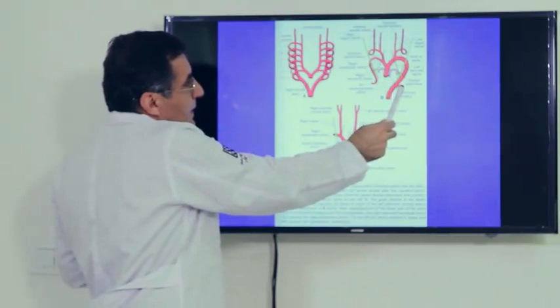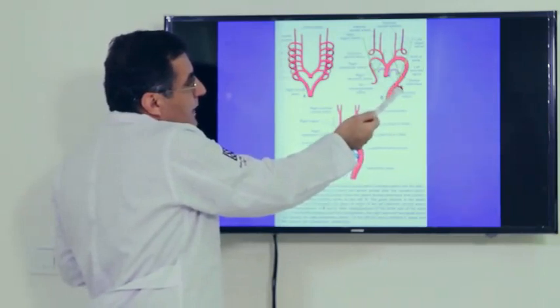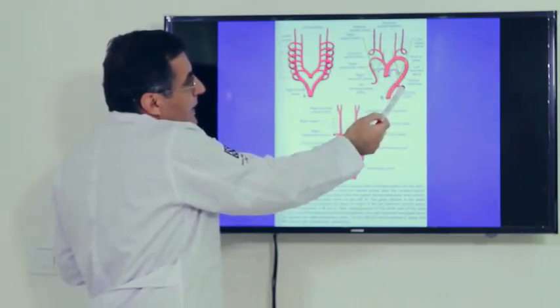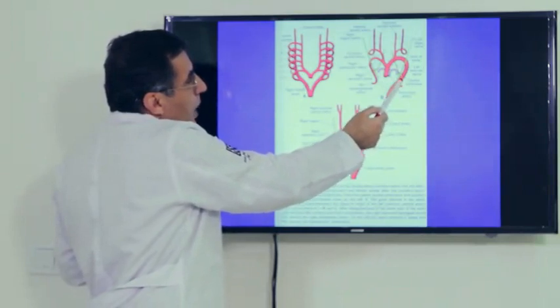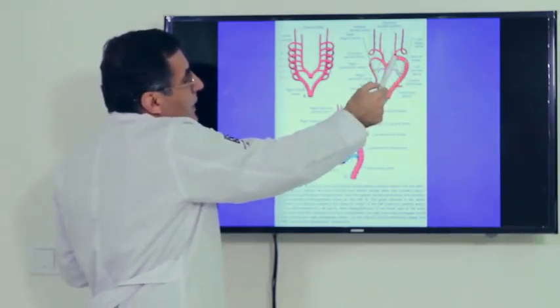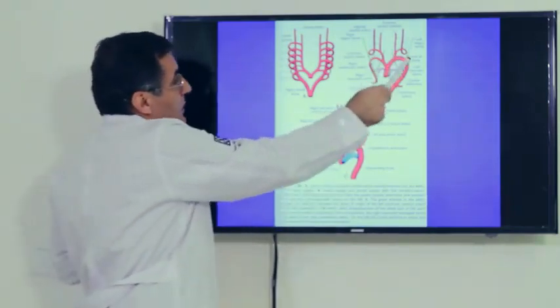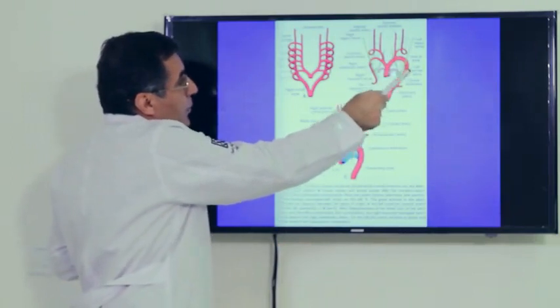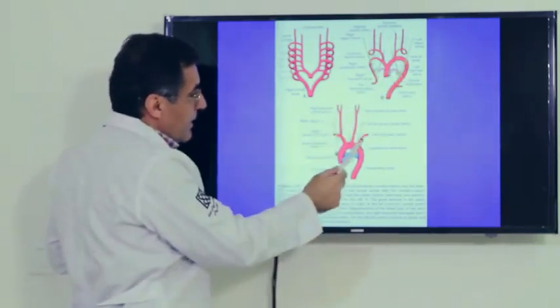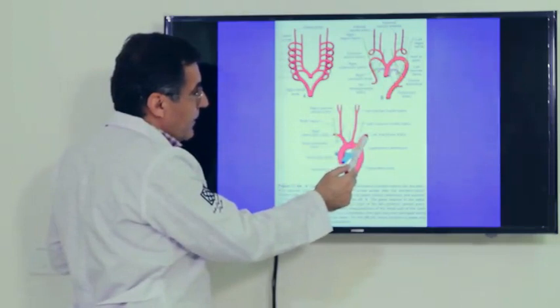This is the seventh intersegmental artery, and after the development, the left subclavian moves up and comes close to the left common carotid. But before this, it is situated lower than the normal anatomical position. This is the final development of the left subclavian.